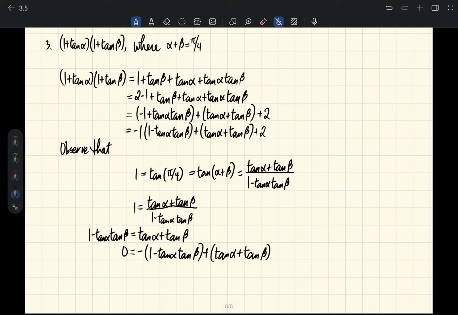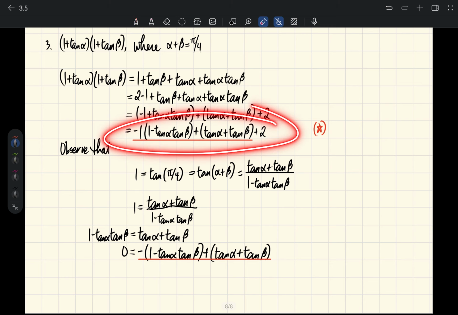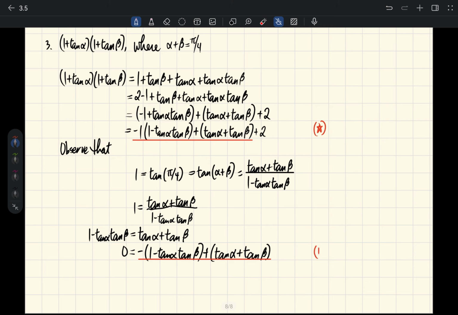And what's this one right here? This one is exactly this one. So let's call this equation star and this equation as square.